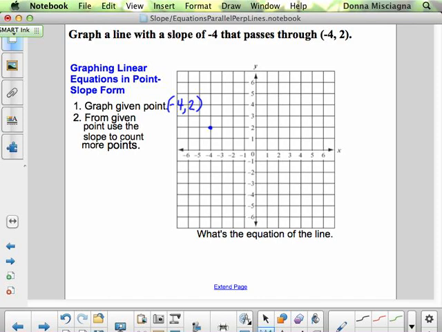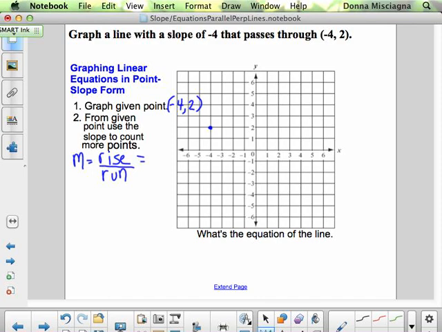All right, so the slope of this line, first of all, slope is rise over run. And there's two ways we could consider this slope.